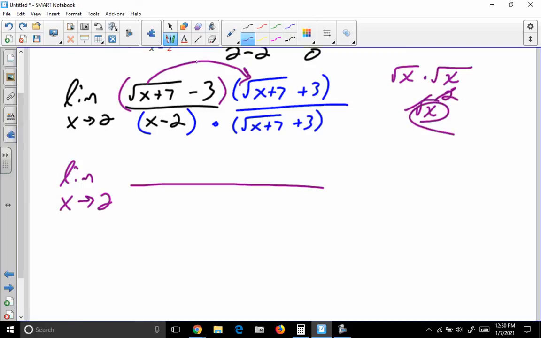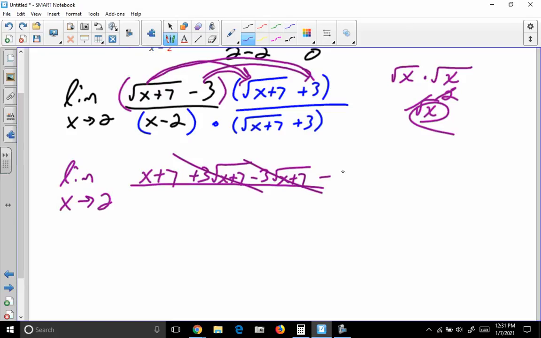So since these match, that means we have this radical squared, so we're going to get what's underneath. Then we're going to do that times 3, so we're going to end up with 3 of those square roots. We've got to distribute the minus 3, so we have minus 3 of those square roots, so those cancel, and then a minus 3 times a plus 3.